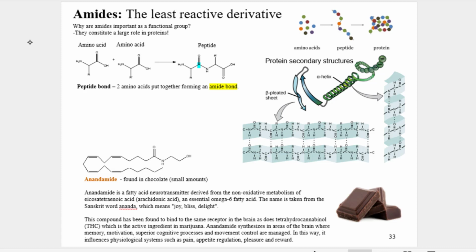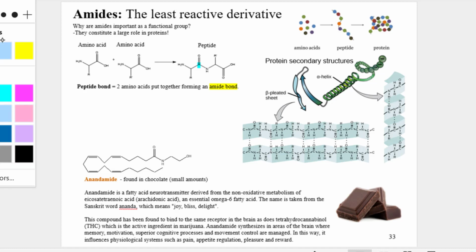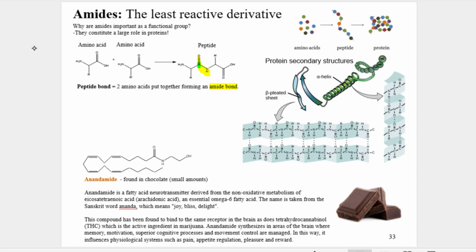There's your amide. And amides play a very, very important role biologically because they constitute proteins, right? So the entire group here, the carbonyl with the nitrogen flanking it, is an amide.